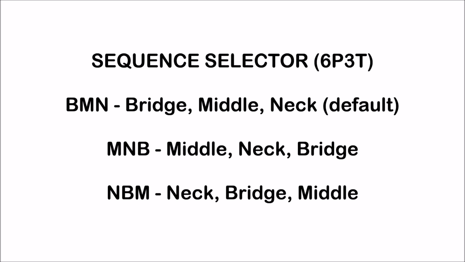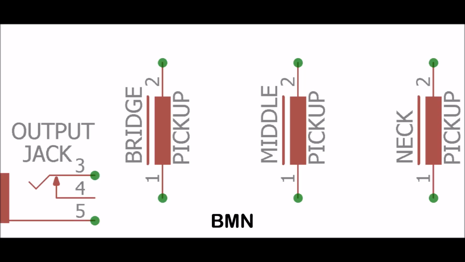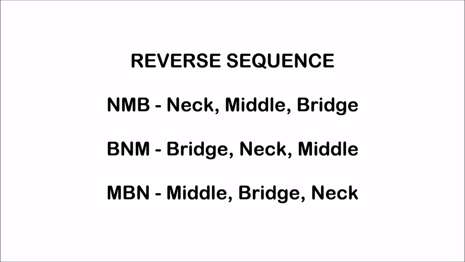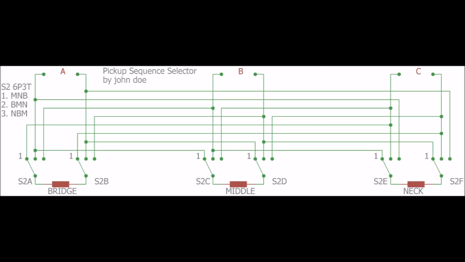For our circuit design, I decided to use the following sequences: BMN, the default, MNB, and NBM. A combination of the reverse of the mentioned sequences, NMB, BNM, and MBN, will also work. This will require a 3-position switch with 6 poles, with 1 pole assigned for each of the pickup leads, 6P3T.